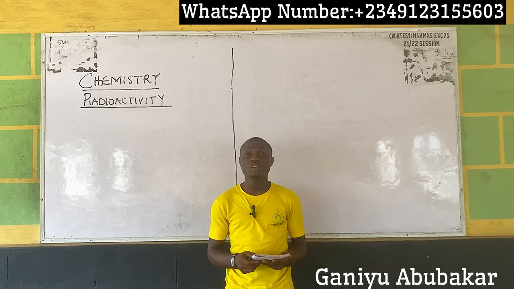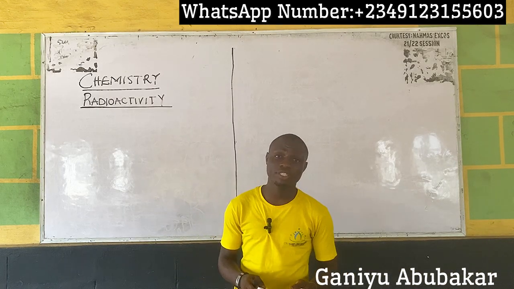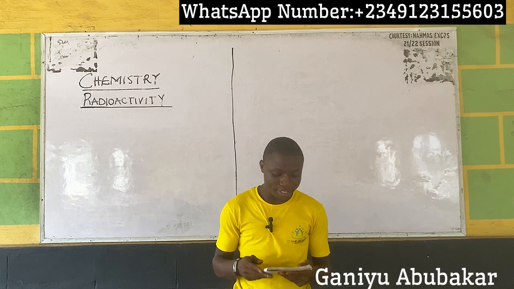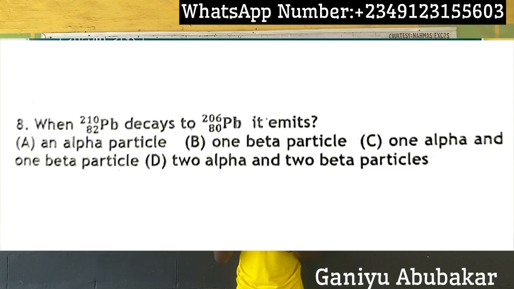Let's take some past questions involved in the study of radioactivity. Number 1 says, when Pb-210 having atomic number 82 decays to Pb-206 having atomic number 82, it emits dash.